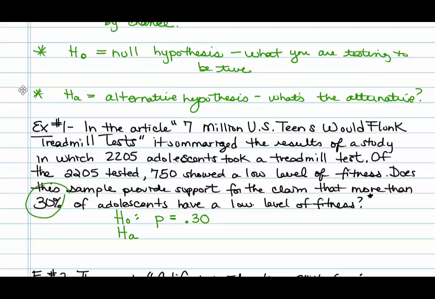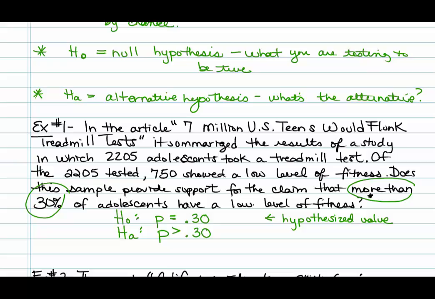In this problem, for our null hypothesis, we always want to put the one hypothesized value in this spot. And then look at the problem and see what's the alternative. And in here, the words are more than 30%. So maybe the true proportion is more than 30%. Usually these numbers are equal because we're going to calculate this only one time.